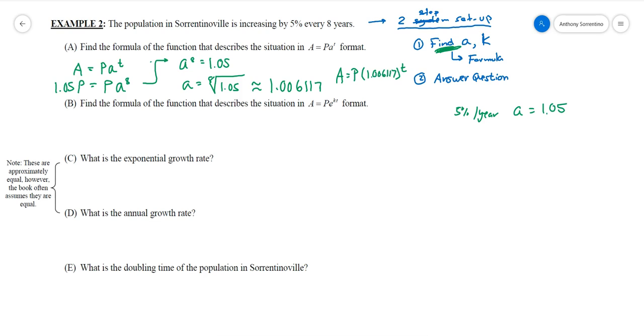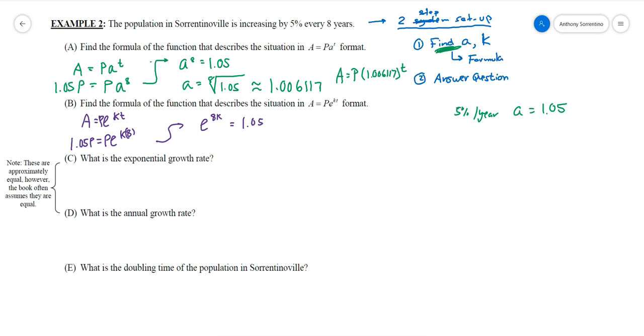When I do the same thing for B, I'm going to start with A equals P E to the KT. I don't know what K is. I do know that after 8 years, with an initial amount of P, I'm going to have 105% of P for my accumulated amount. And so what I basically have at this point, when I divide both sides by P again, is E to the 8K equaling 1.05.